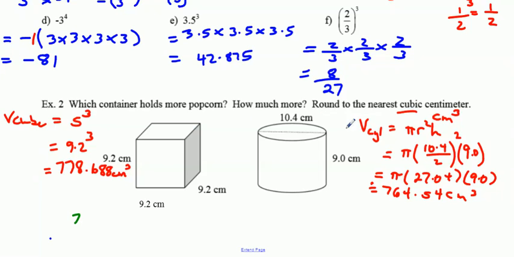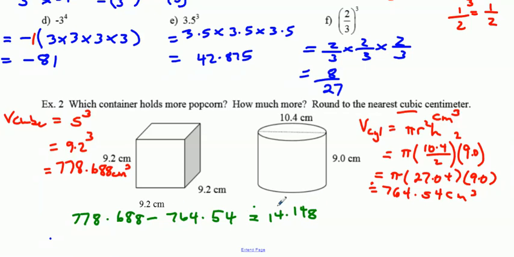Okay, so now we know the two volumes of the two solids, and we could just do something like 778.688 minus 764.54 equals, and I have to grab my calculator to see what that equals. 778.688 minus 764.54 equals approximately 14.148. I don't want you to do something like this as your final answer.